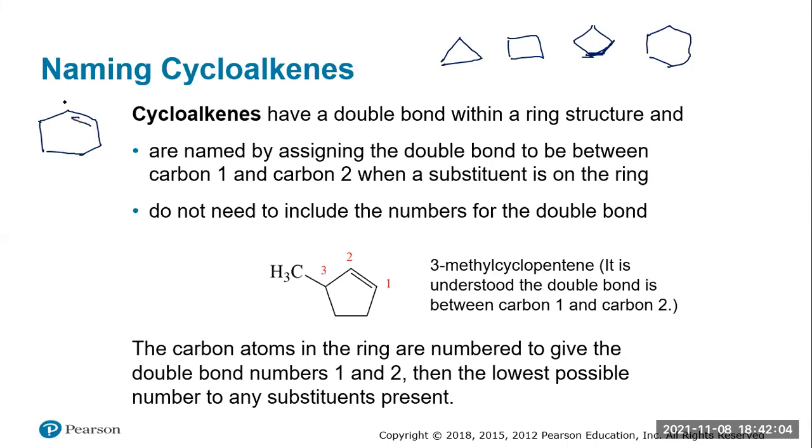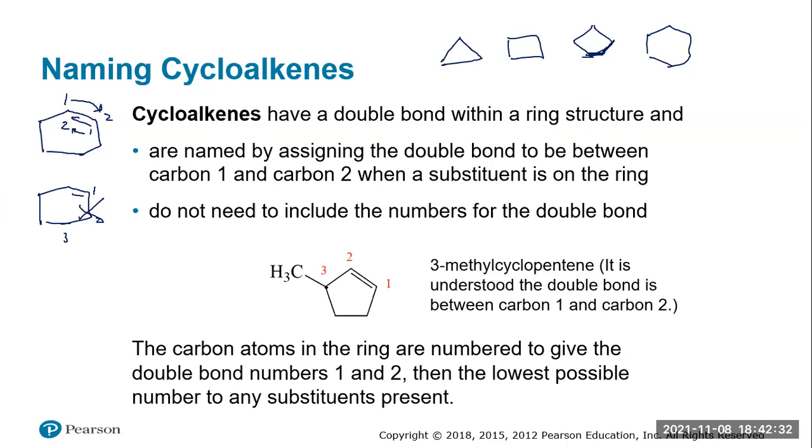You could number one of two ways, but the deal is you got to go through the double bond, which means that would be one, that would be two is okay. This would be one, and then this would be two. That's okay, because you're going through the double bond. What would not be okay is if you went one and went away from the double bond. So you cannot number that way. You have to kind of go through the double bond when you're numbering.